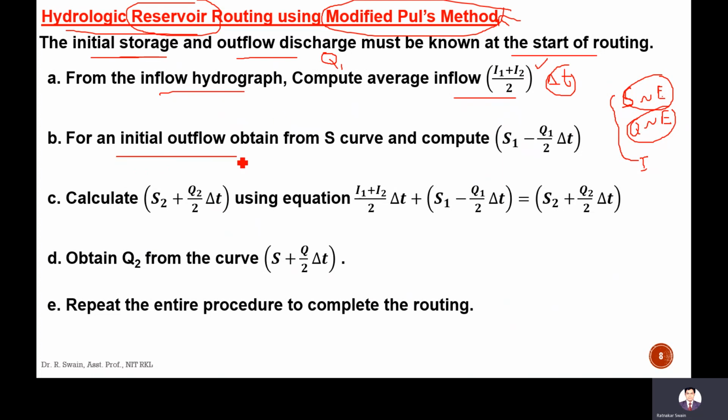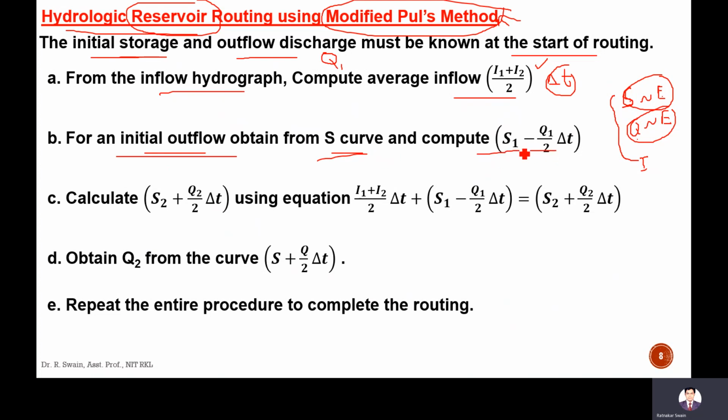The initial outflow is obtained from the curves: S is linked with elevation E, and Q with E. If we know the initial storage, Q can be determined, because elevation can be determined from that curve, and from that elevation Q. So the initial outflow Q1 and S1 must be known.